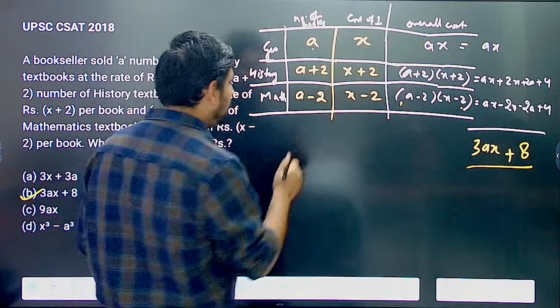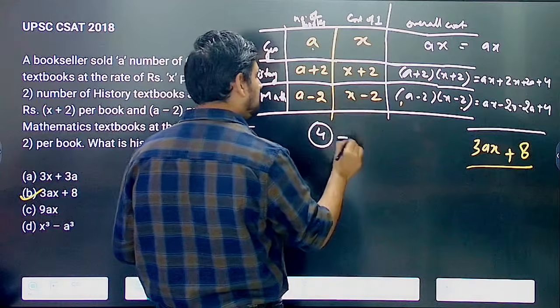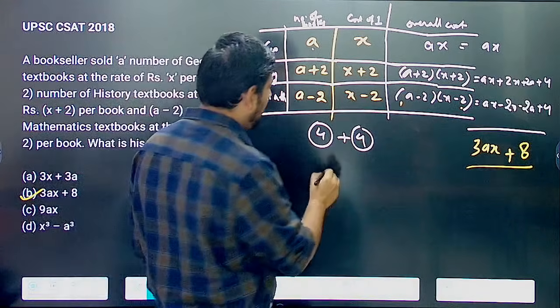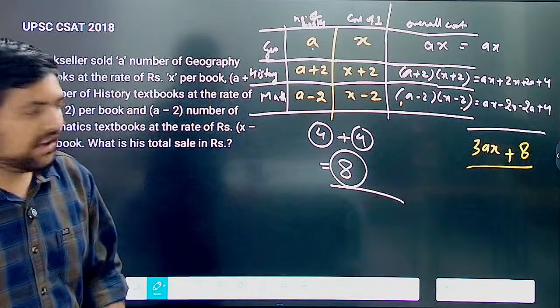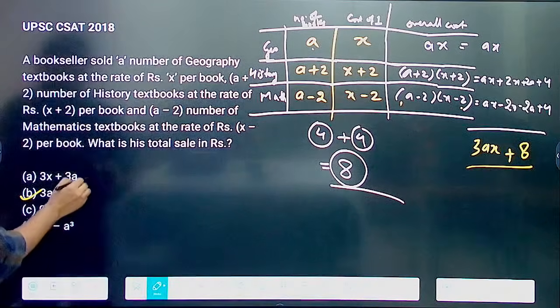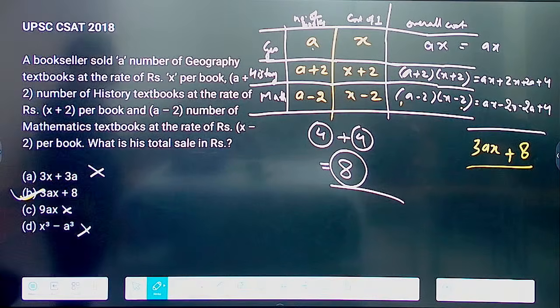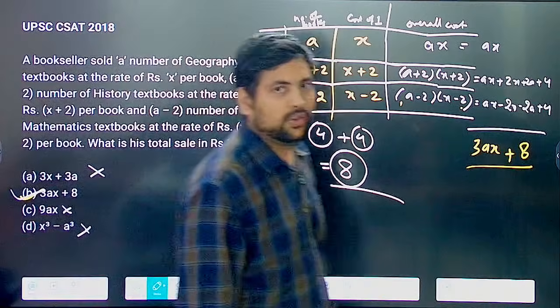So you can identify that 2 into 2 will be 4, and here minus 2 and minus 2 will also be 4, correct? So if I add them, I must have 8, that is a constant without any variable. Gone, gone, gone, answer becomes B. So this is how you could have done this orally also.